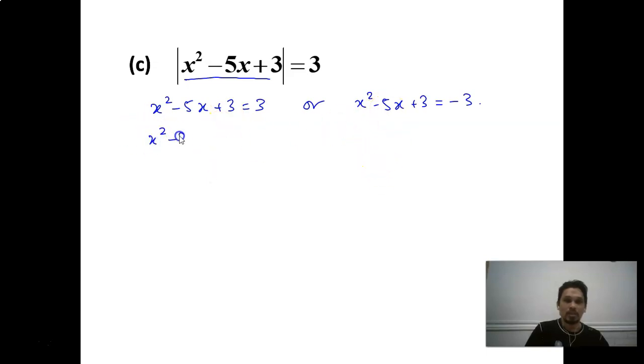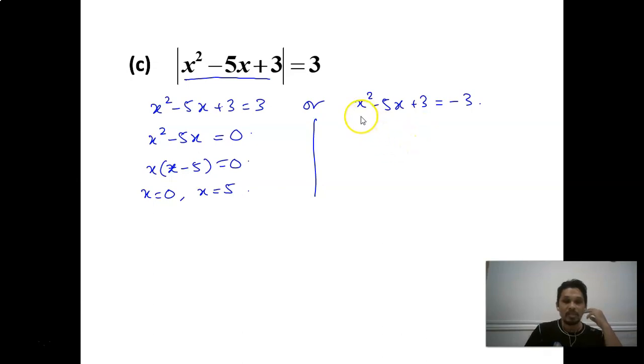We get x squared minus 5x; the 3 becomes negative, so 3 minus 3 equals 0. So then x times x minus 5 equals 0. On this side, we come up with the first conclusion: x equal to 0 and x equal to 5.